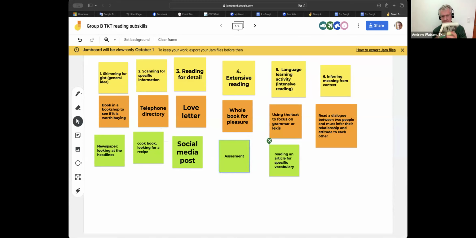And I'm reading it for pleasure. What about reading for detail? No, the subskills I might use are, I'm reading it fairly quickly. I'm not necessarily focusing on every word. I often read more closely sections that I find more interesting or relevant to me.